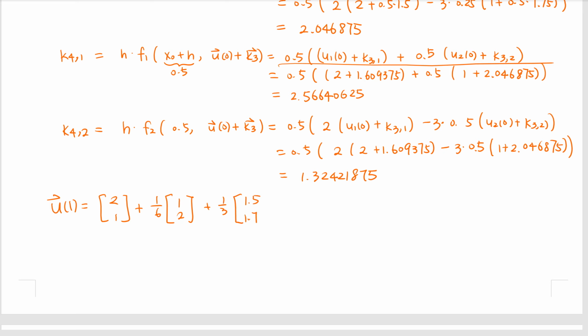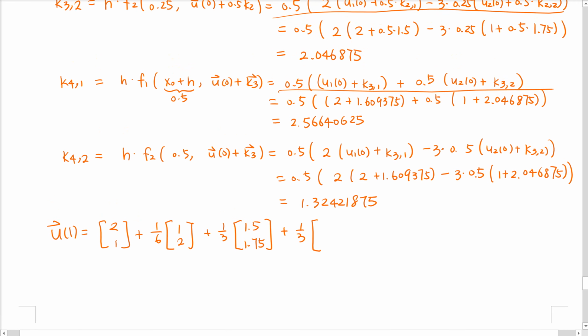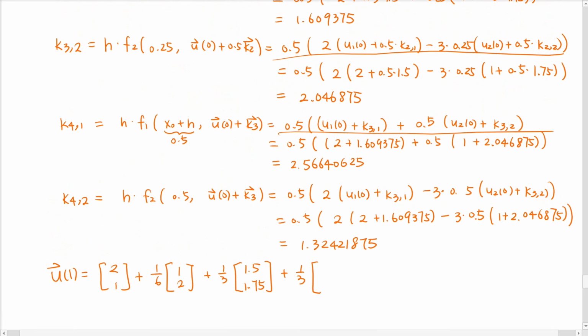And then K3 is still 1/3. What's K3? 1.609375, 2.046875, and then 1 over 6.